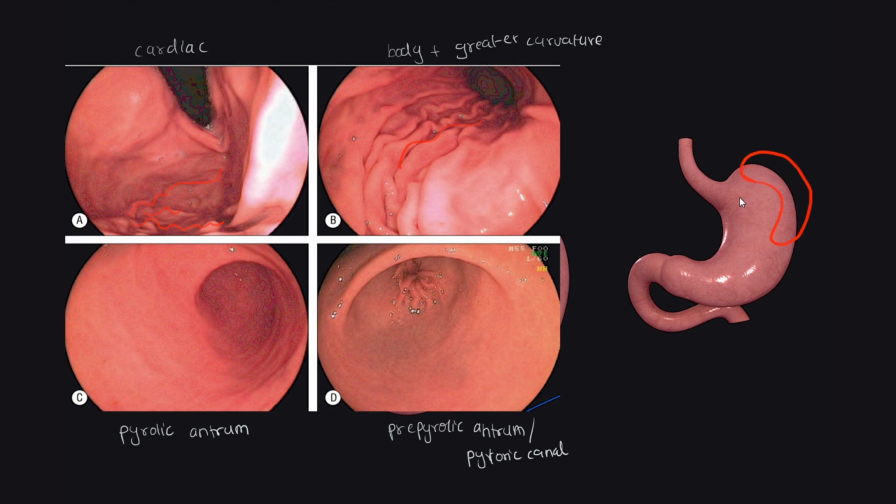Not so much near the lesser curvature, because the lesser curvature leads to the canal, and near the canal there's normally a distension which leads to much more cobblestone-like appearances, which usually then becomes a bit smoother as we go into the pyloric canal. And then lastly, we have the prepyloric antrum, which is also smoother in comparison to the rest of the rugae, and the canal or the sphincter in the end is usually closed.